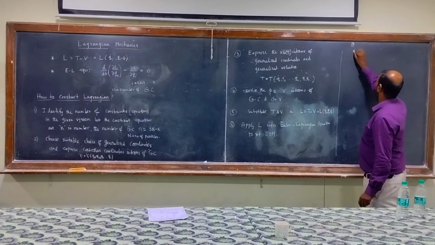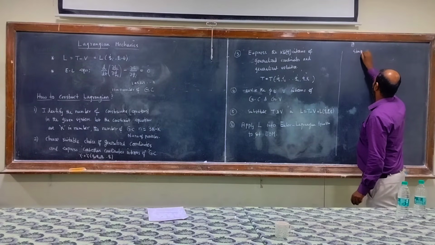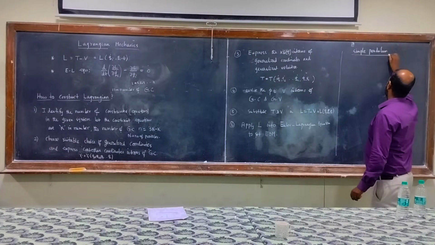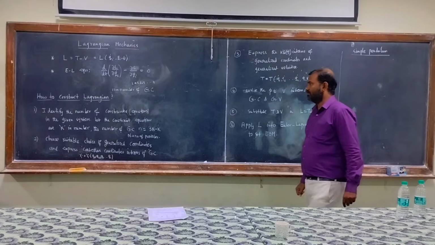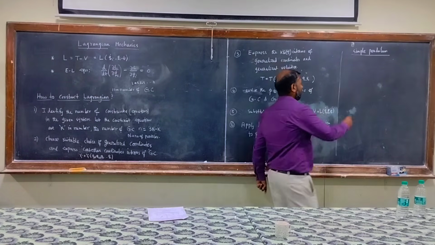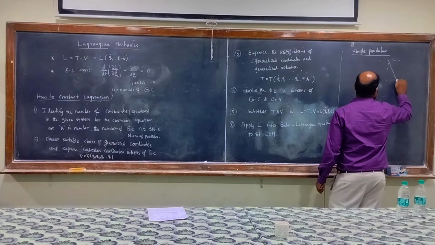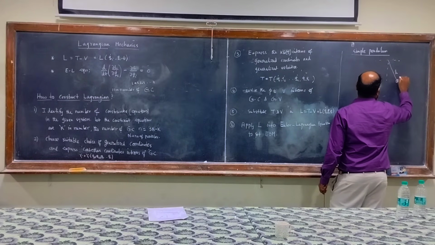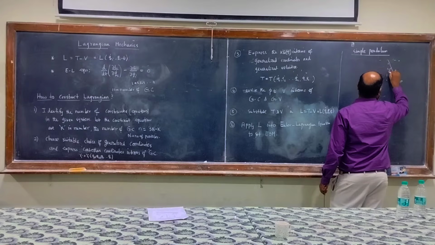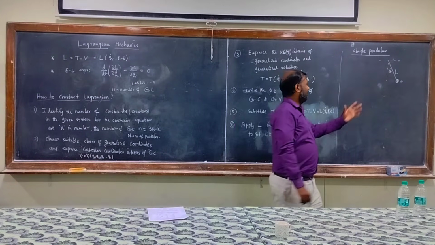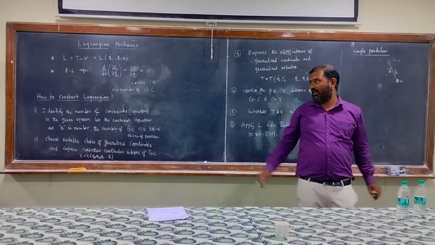I can take a simple pendulum. This is L, this is M. Now it is moving back and forth. This is the system. What is the first step?